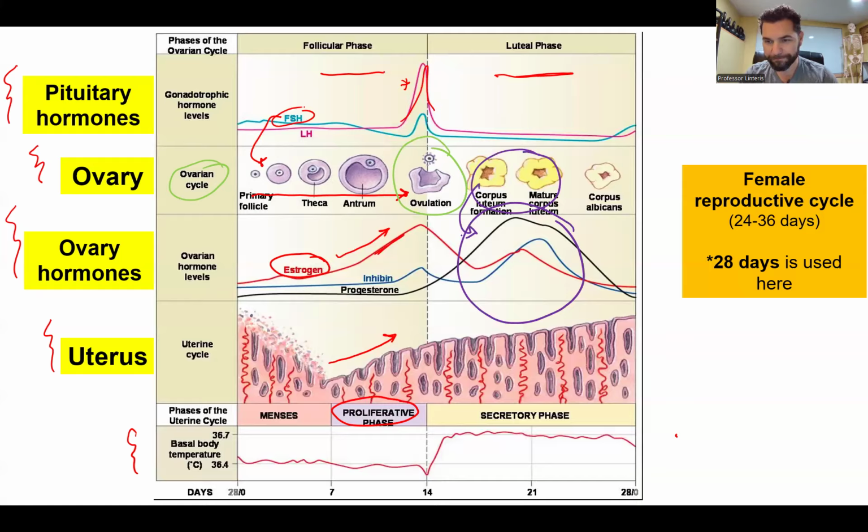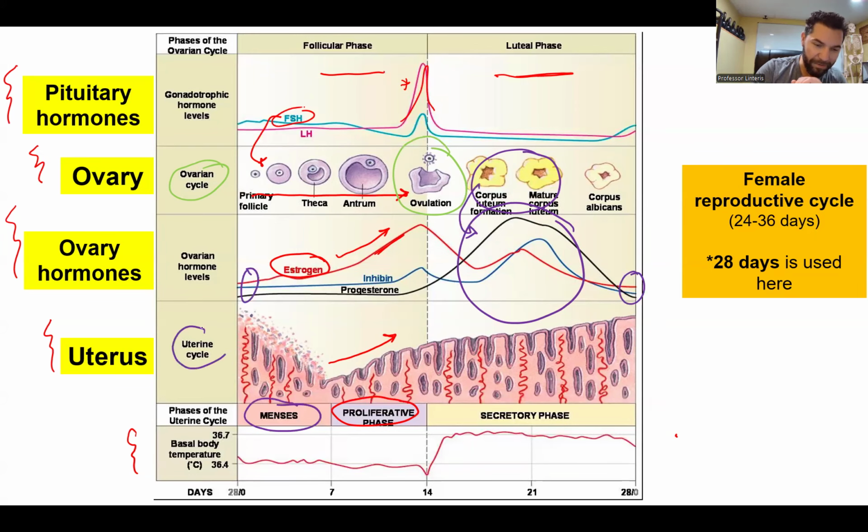The corpus luteum. No fertilization takes place. Everything goes down, right? Menses. Reset, and that's like the first picture we looked at with the uterus when the hormones are high and then they go down, triggers that menses, clear out that stratum functionalis, reset, start all over again.